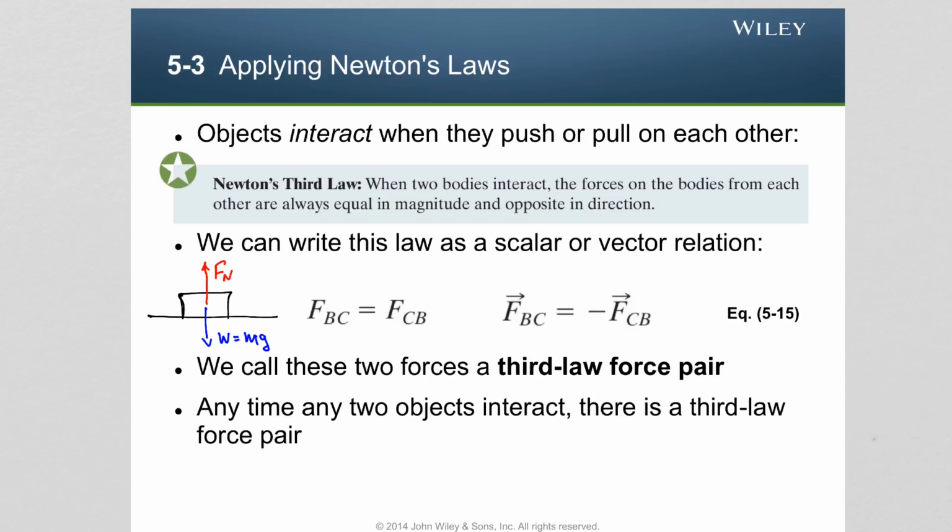This is an example of the application of Newton's third law. Two bodies interact, the block and the surface, and they exert forces on each other. The block pushes down on the surface with the force of weight. The surface pushes up on the block with the normal force.